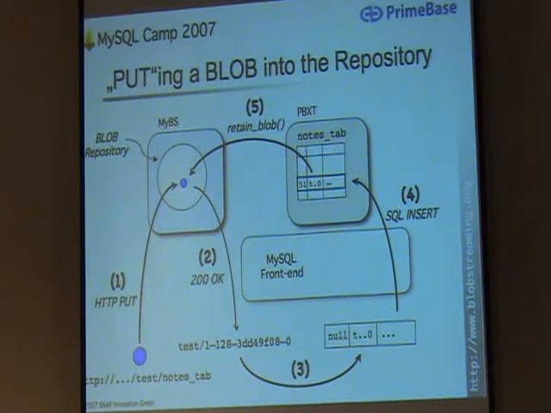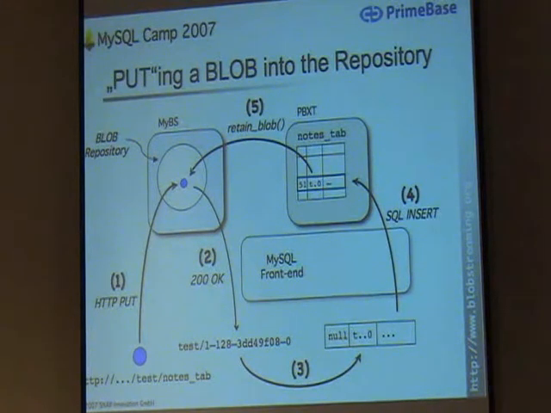You're uploading a blob to the repository, and you get back from the repository basically a partial URL, this strange test/strange number, which identifies the blob in the repository. Then in the third step, you place that reference into the row that you're about to insert, and through a normal SQL insert, you insert that into the database.